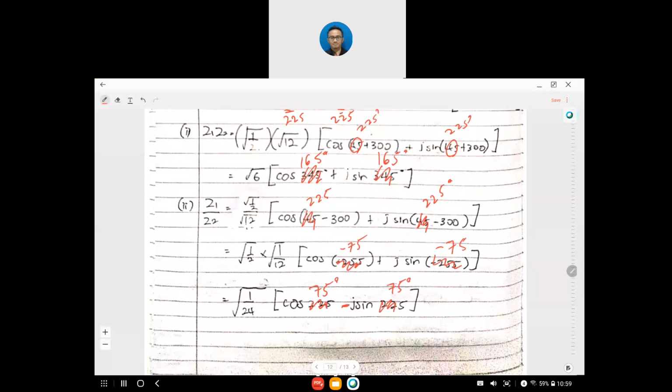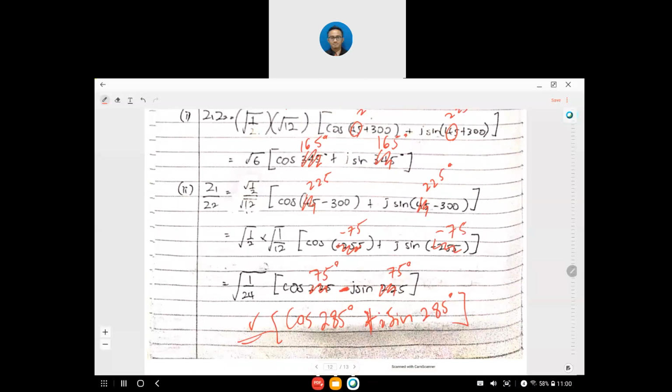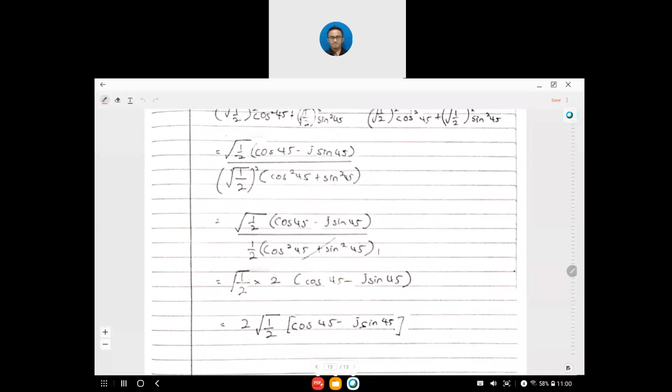Or you can change to 360 minus, or you can give the answer in terms of cos 285 degrees plus i sin 285 degrees. You can choose either one. If you choose 75, this one becomes negative. If you choose 285, this one becomes positive. Also the same thing for the last question.